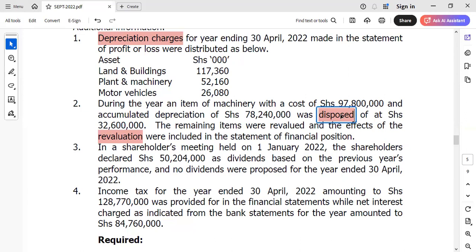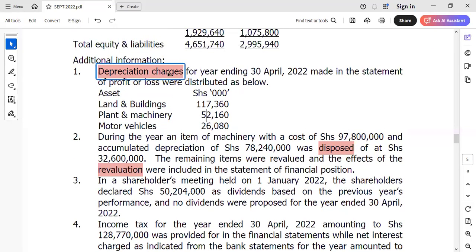So how do we get the depreciation for the year? When you look at this question, they told us that the depreciation charges for the year ending 30th April 2022, made in the statement of profit or loss, were distributed as follows.